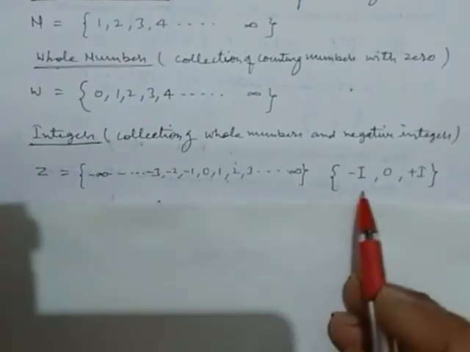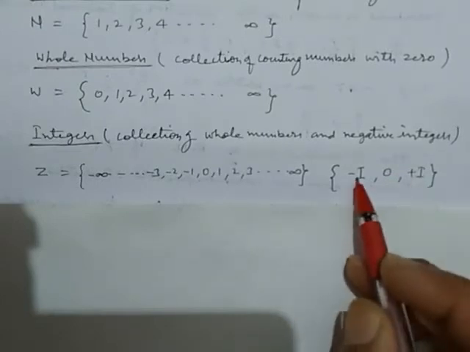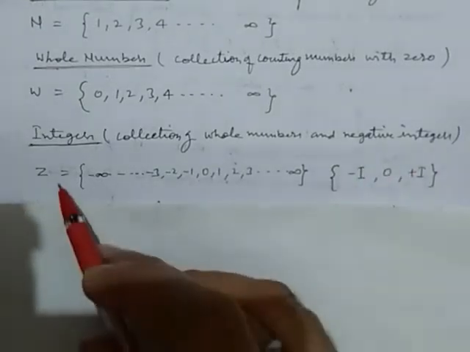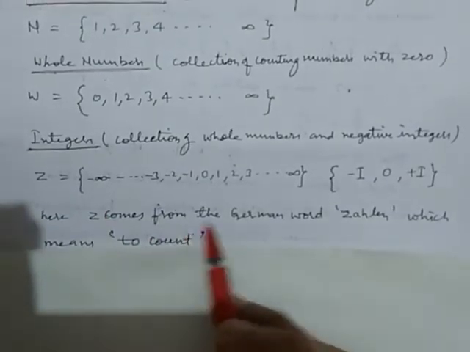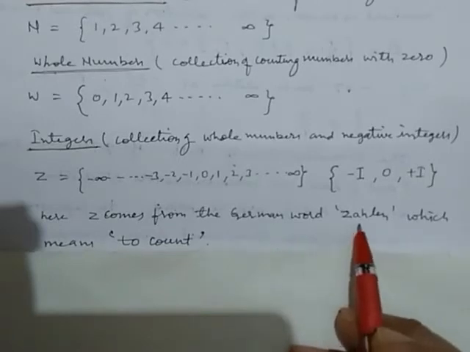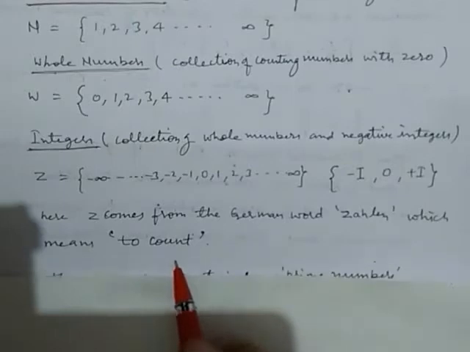So we can represent them as 0, plus I, minus I, and the group of this is represented by Z. Here Z comes from the German word zählen, which means to count.